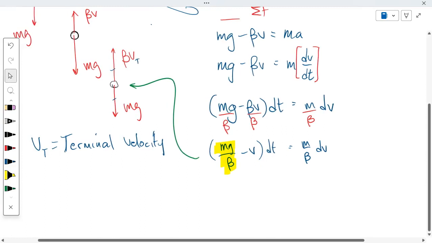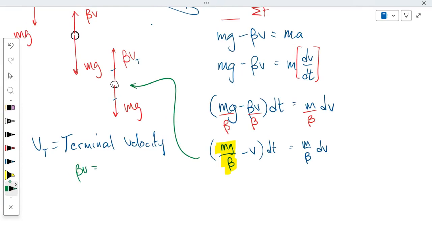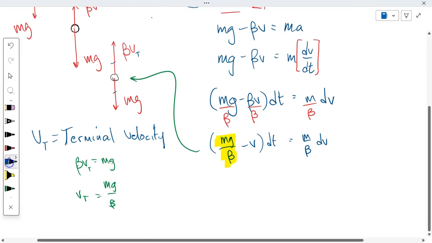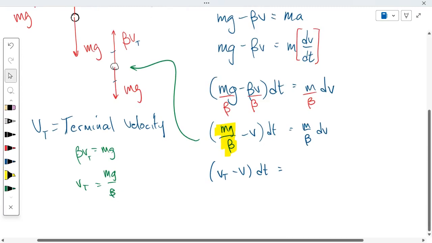And that physical meaning, if we look here, is that when we get to v terminal, beta v terminal equals mg. So mg over beta, the physical meaning of that is v terminal. All right, so not only does this clean things up algebraically, v terminal minus v, it gives us some insight into the physical meaning of a combination of constants.